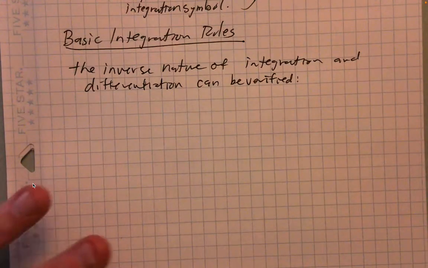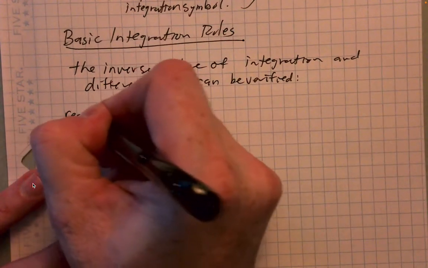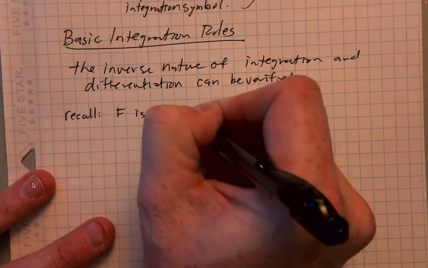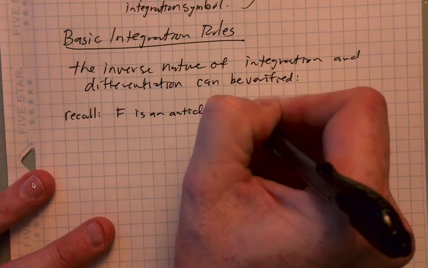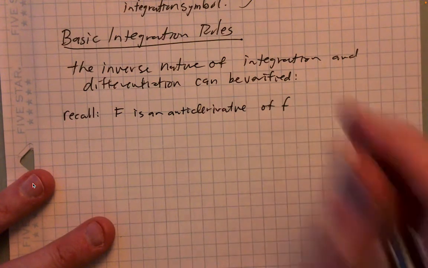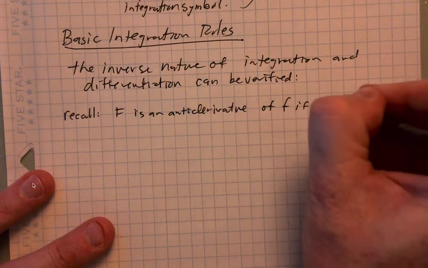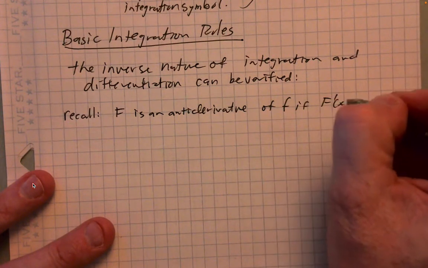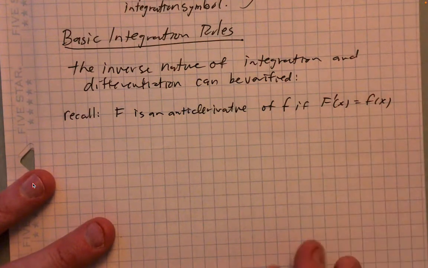So recall, F is an antiderivative of f, of little f, if the big F prime of x equals little f of x. Okay, right.